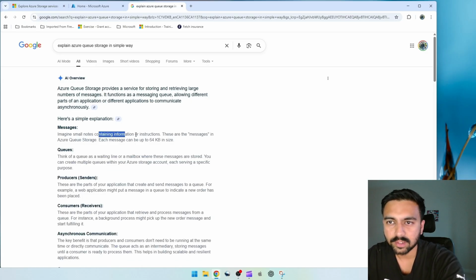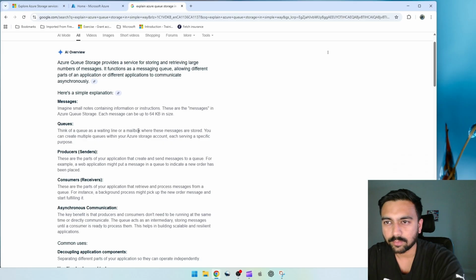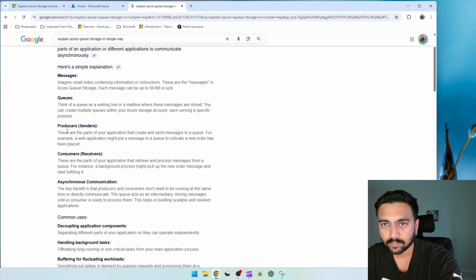Imagine small notes containing information or instructions. These are the messages in Azure. Think of the queue as waiting in line in your mailbox, where these messages are stored. You can create multiple queues within your Azure storage account, each serving a specific purpose. So there's a sender queue.